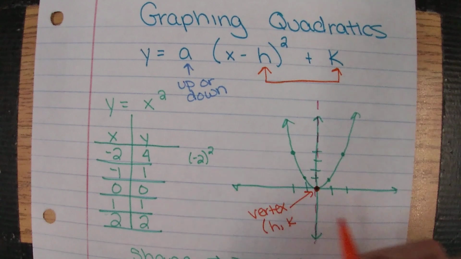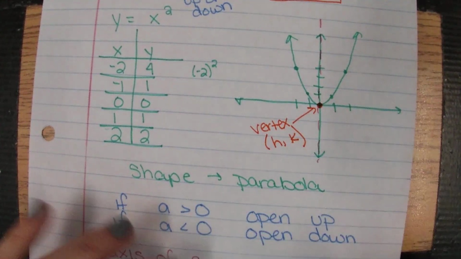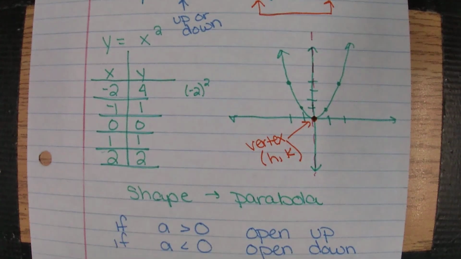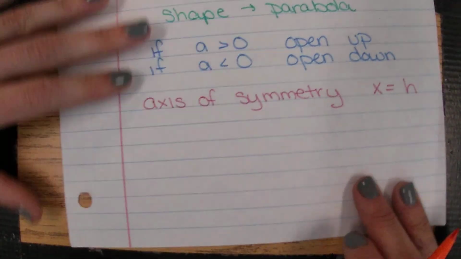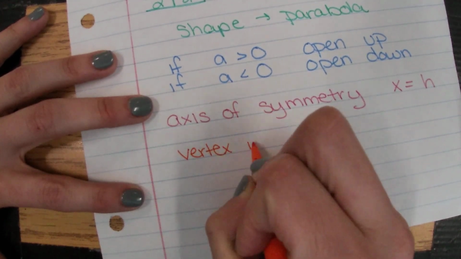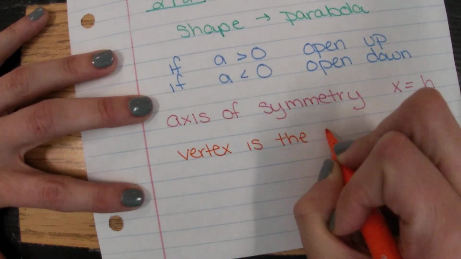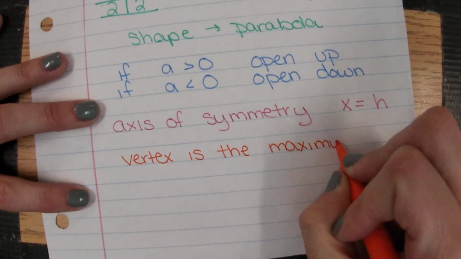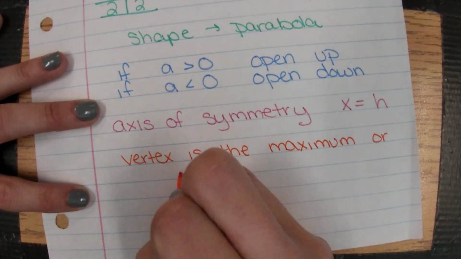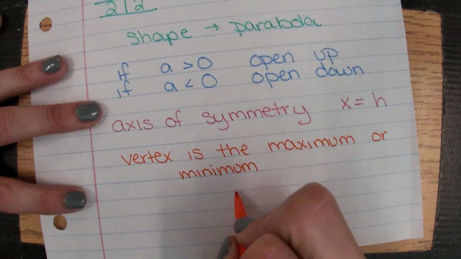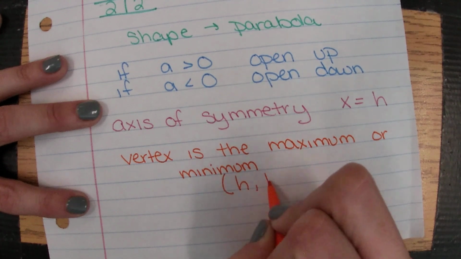So (h, k) is what makes up our vertex. It's an ordered pair, it's a point. Okay, so our vertex is always that high point or the low point. We call it the maximum or the minimum. Okay, and we find it by doing (h, k).